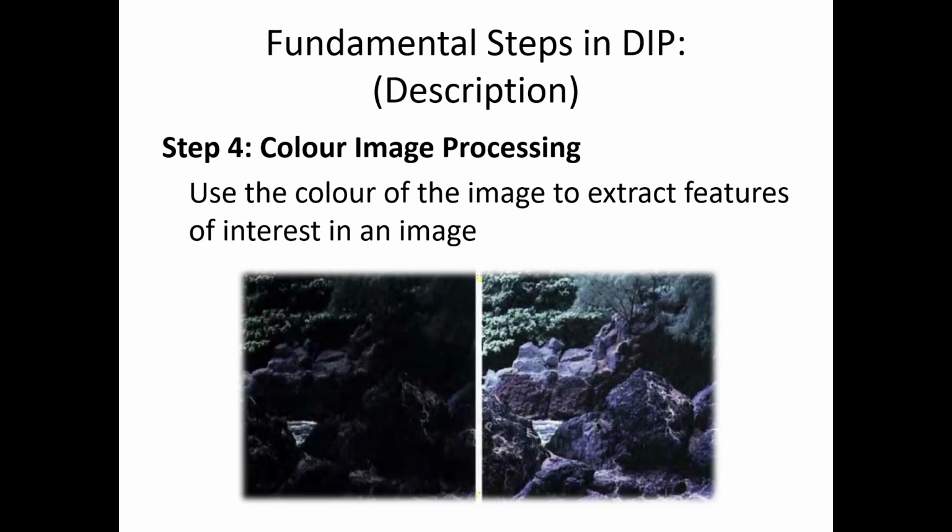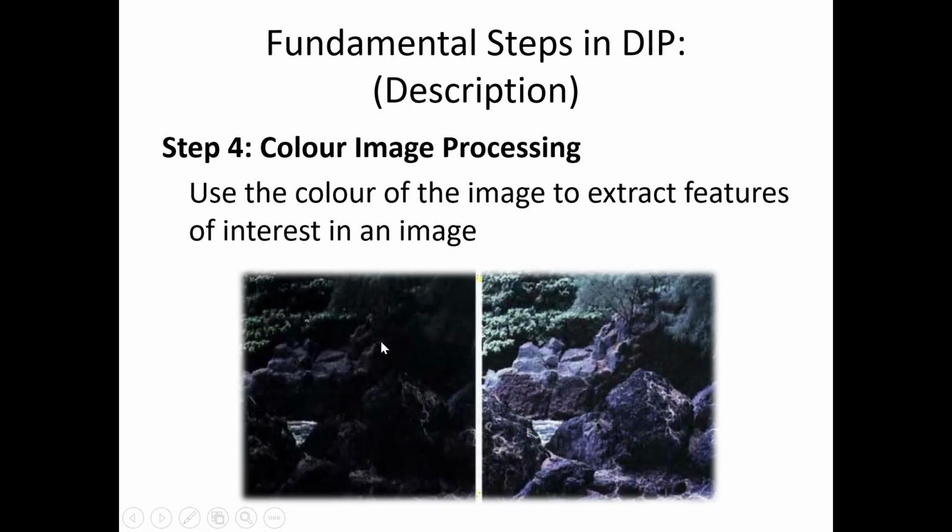Similarly, we have another kind of operation like color image processing. Color is a main feature, basically. By using the color of an image, we can extract the features of interest in an image. As an example, it is showing here: this is the input image.